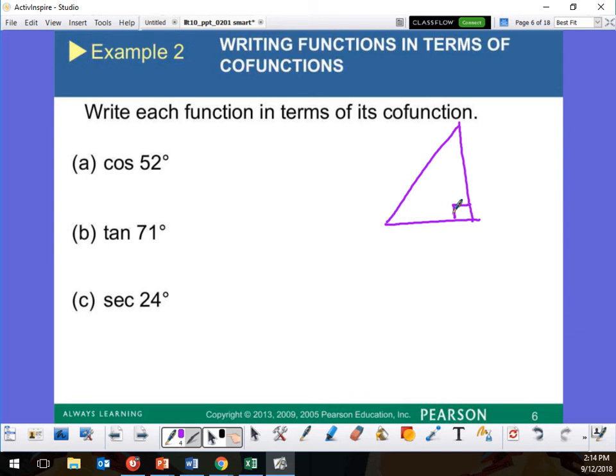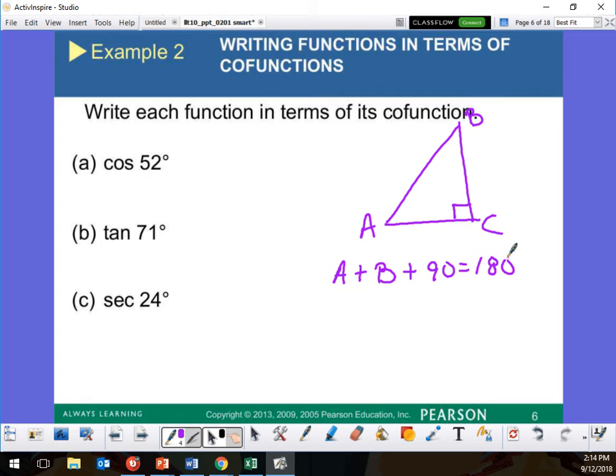So let's call this one A and B, and this one C. Do we know the value of any of those angles? Yes, you do. 90. So C is 90, right? So I'm going to go with A plus B plus 90, because that's my C. All together has to equal 180, right?